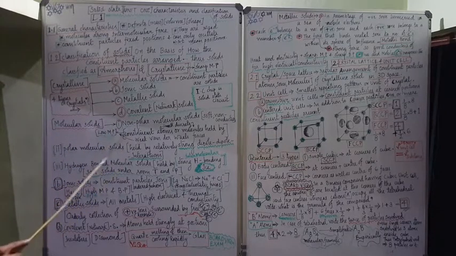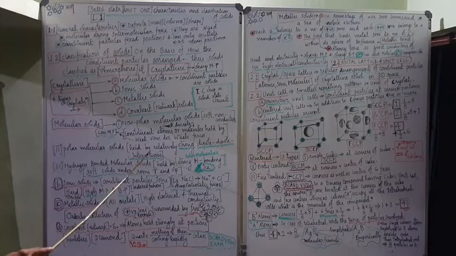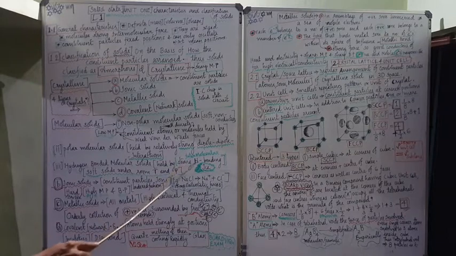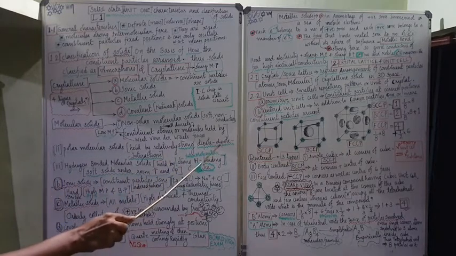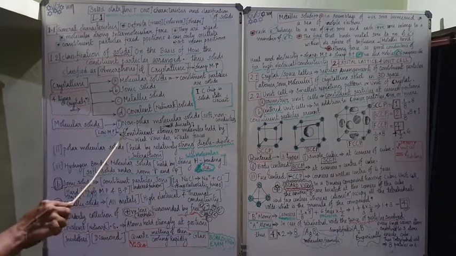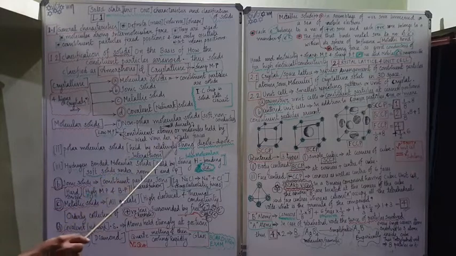Non-polar is soft, hydrogen bonded is medium, and polar is relatively strong. Polar is held by strong dipole moment, hydrogen bonded by hydrogen bonding, and non-polar by van der Waals forces.